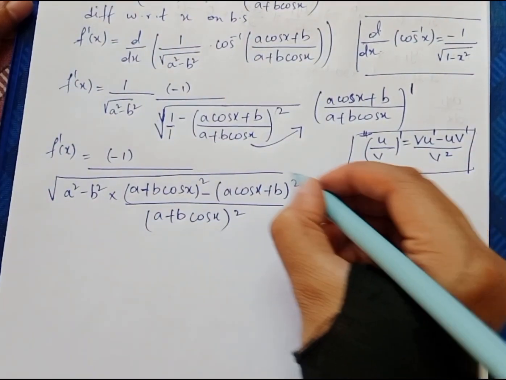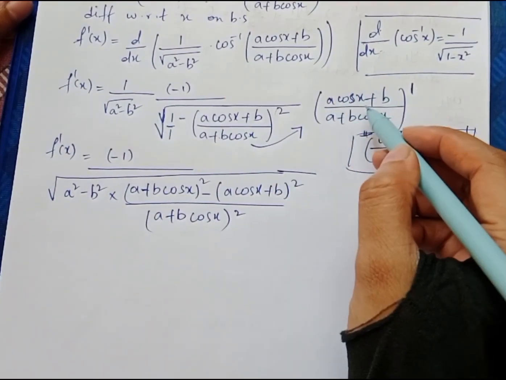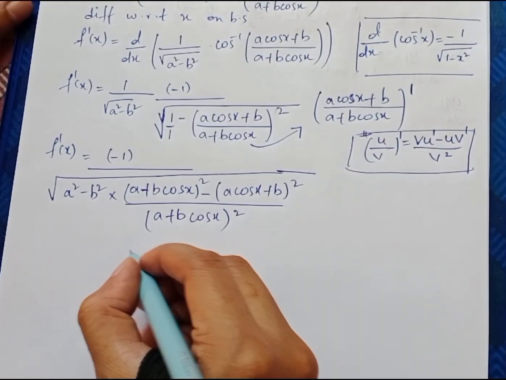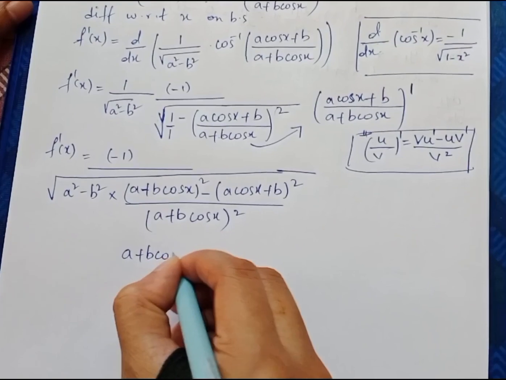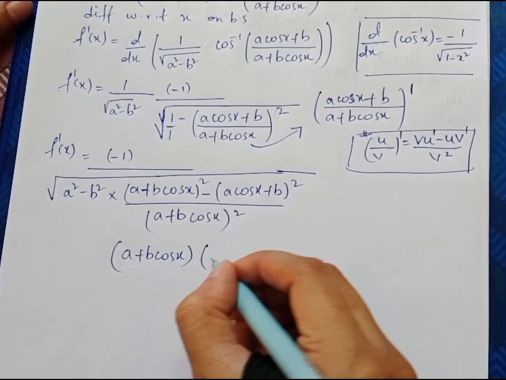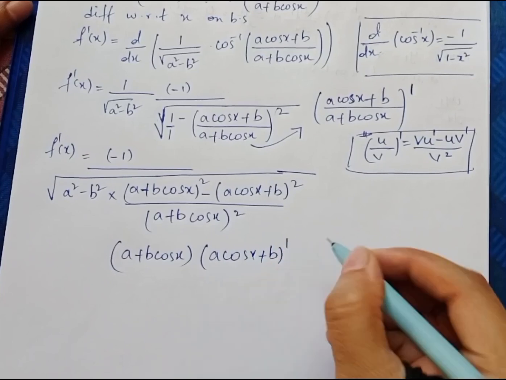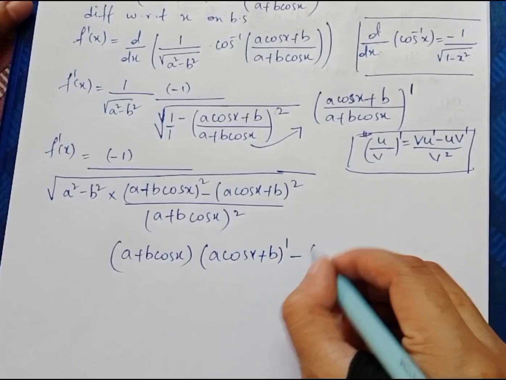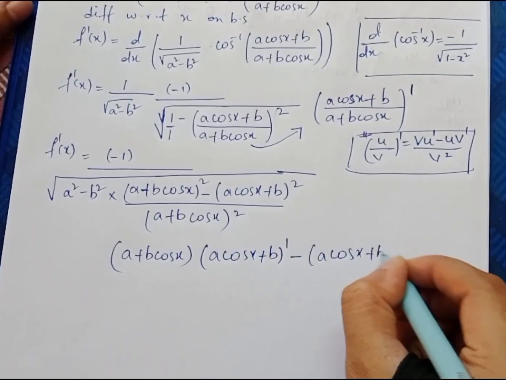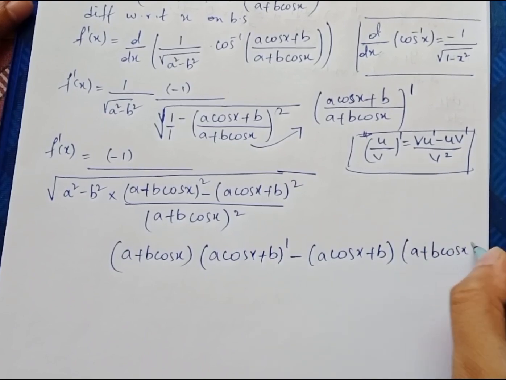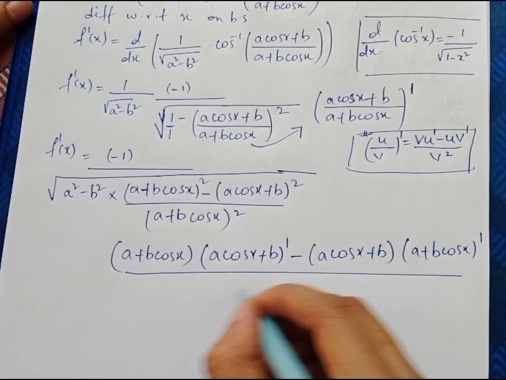Okay, so this derivative can be written as, first is the v value, a plus b cos x, into the u derivative, a cos x plus b derivative, minus again the value of u, a cos x plus b, into the derivative of the value of v, a plus b cos x, by v square.